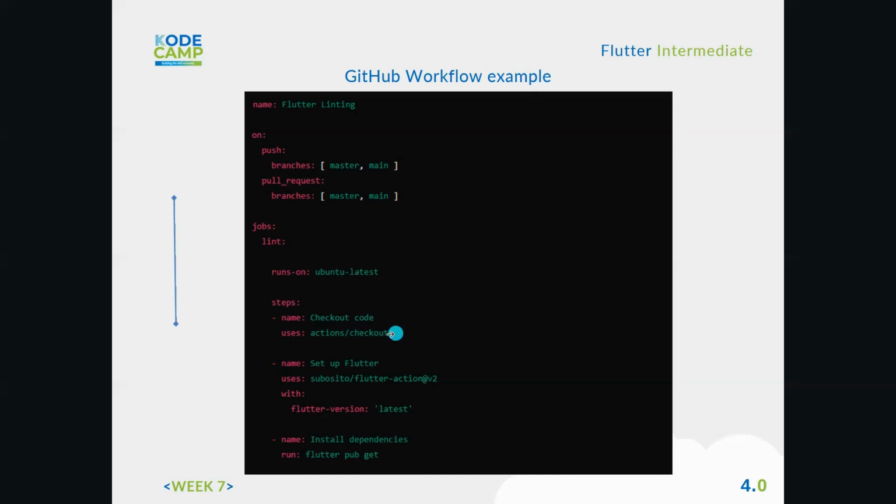That is where we have actions/checkout@v2. This is a pre-built action that GitHub provides. What it does is check out the repository code so that subsequent steps can access it. Just like you do your git checkout, you go to a branch, check out dev branch, check out main branch, and the likes. GitHub provides this, so you don't have to break your head. It just checks out the code so that you can run other steps.